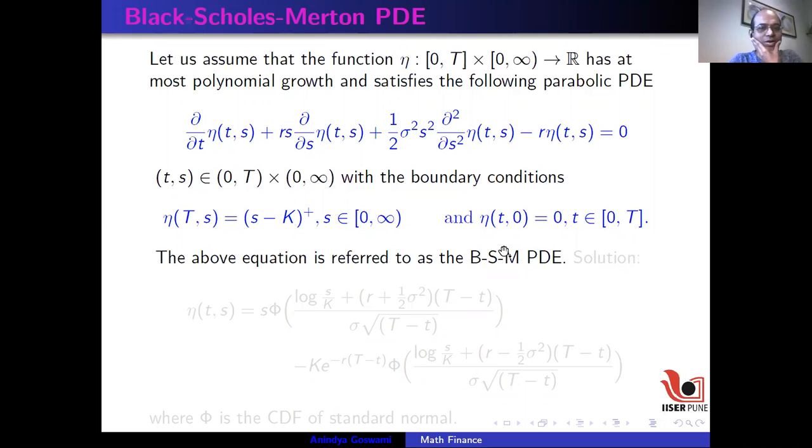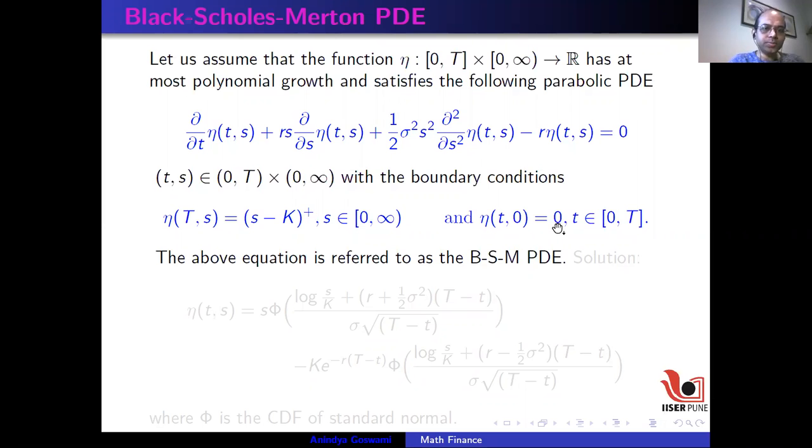Otherwise you cannot get uniqueness. So here eta of t, 0 is 0, so that is the condition. Sometimes people write eta of t, S as S tends to 0, but anyway, I have defined eta on this also, so no problem.